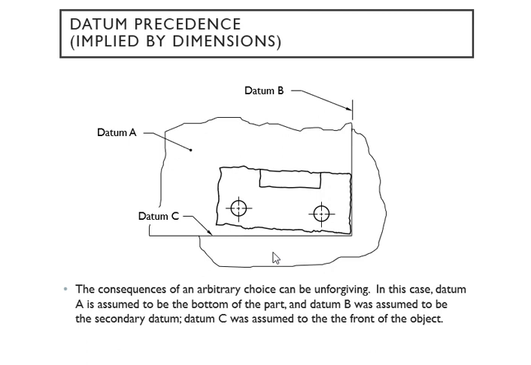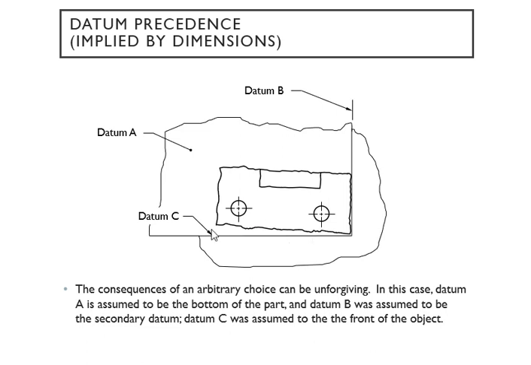Since we have a three touch point, we will choose the bottom surface as datum A. And then, because of the holes, datum B is going to be the secondary datum, which is this on the side. And then we're going to choose datum C on the front, sorry, because the holes are on this side, not on the back.